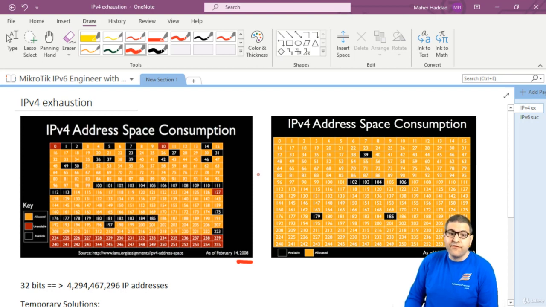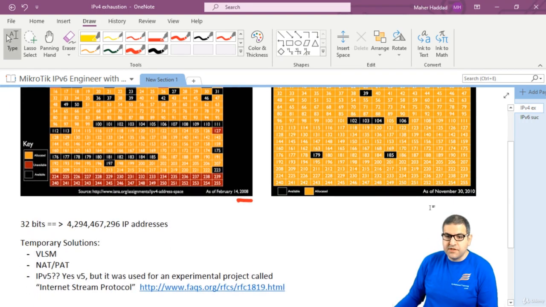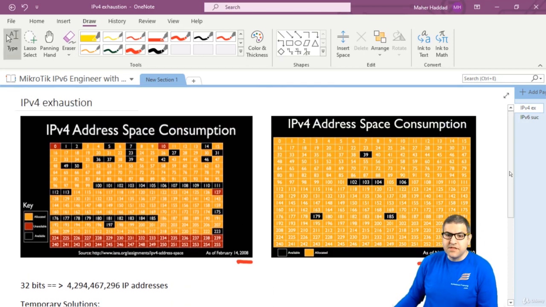So you see that in 2008, we still had a lot of IP addresses to provide on IP version 4. But if we look here, this one is on November 30, 2010. The second picture shows the date, and you will see that everything is almost fully used. We are now in 2020, so that's 10 years before now.